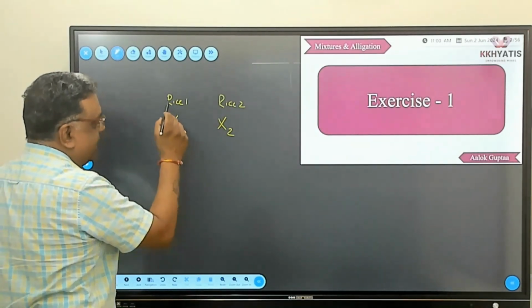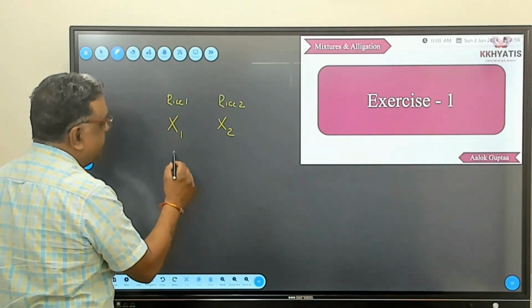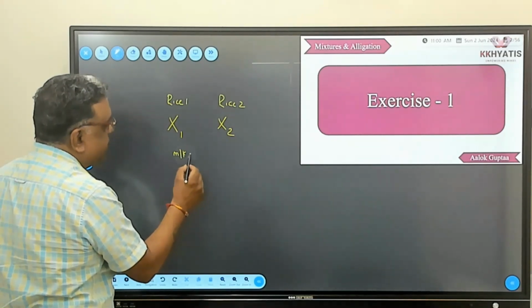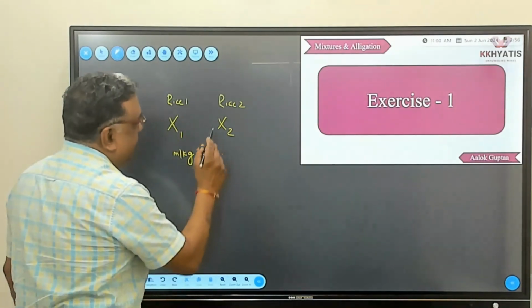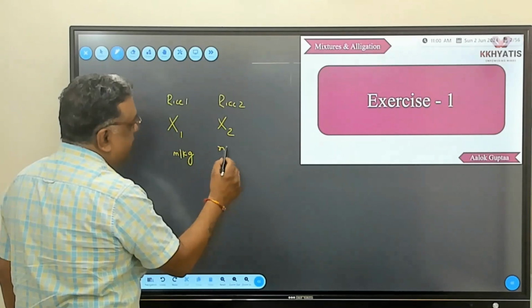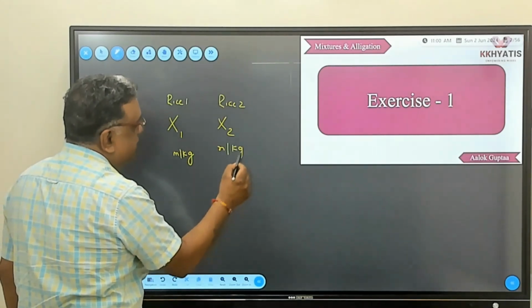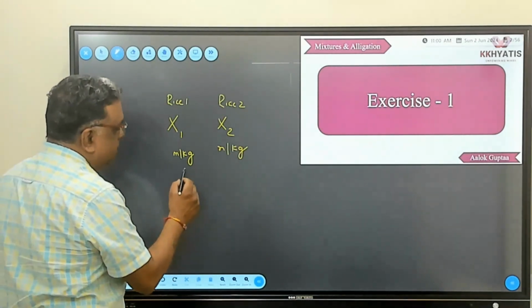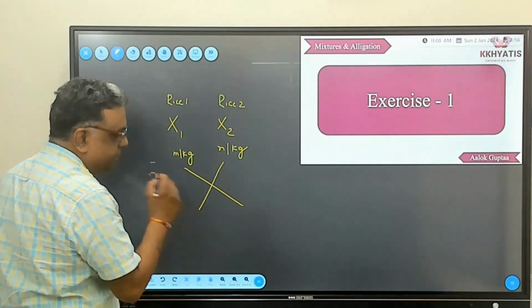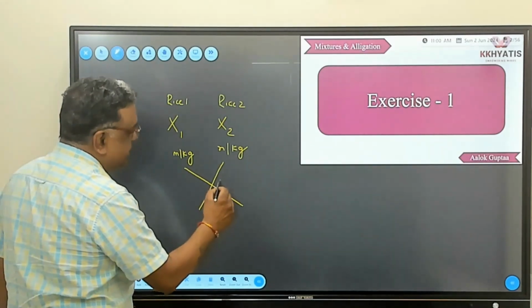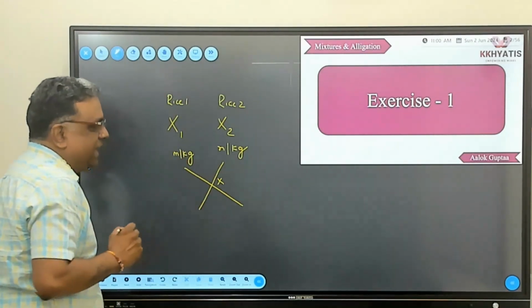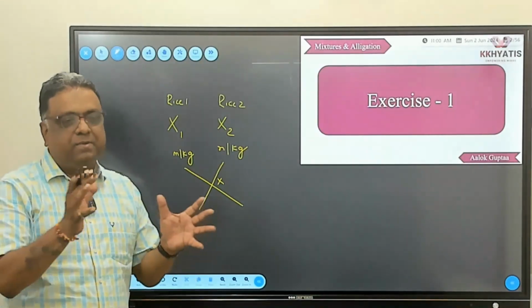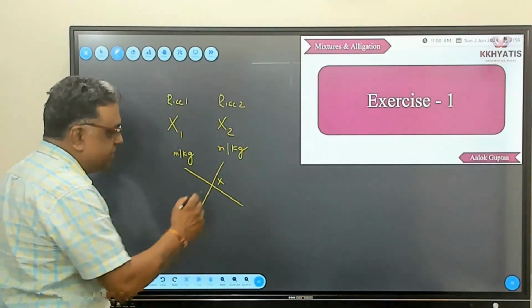The rate of rice 1 is m rupees per kg and the rate of rice 2 is n rupees per kg. Now they are mixed together, and let us say the average price after mixing is x per kg.